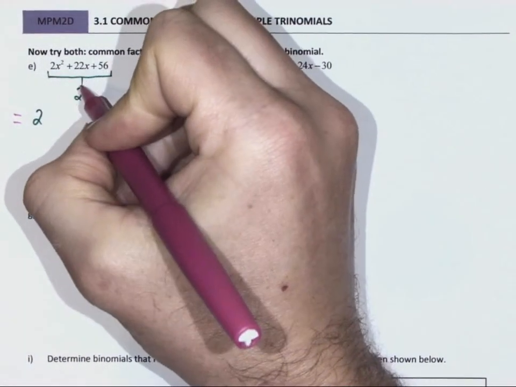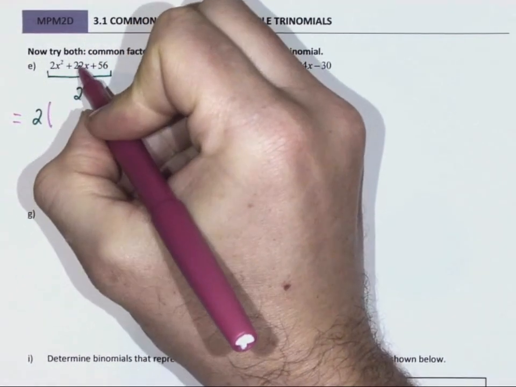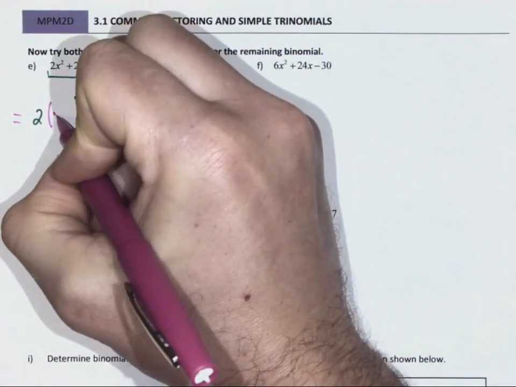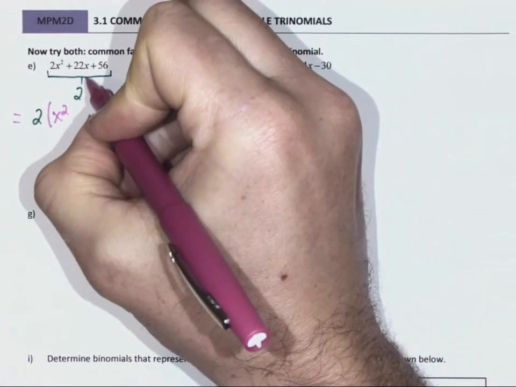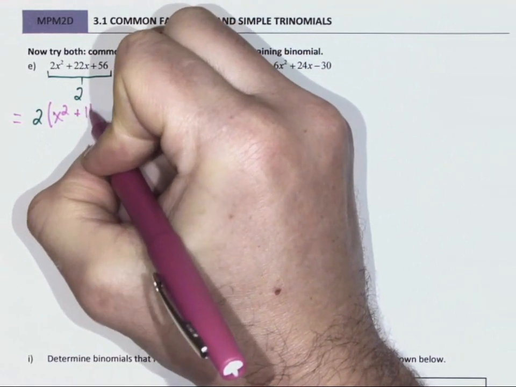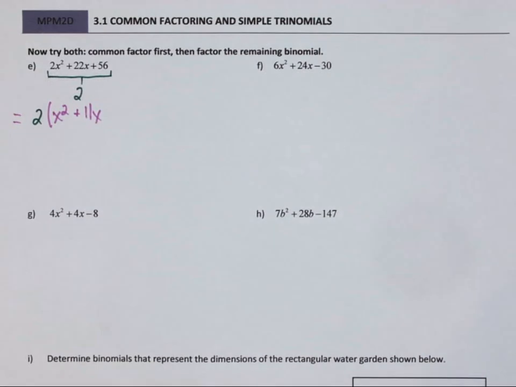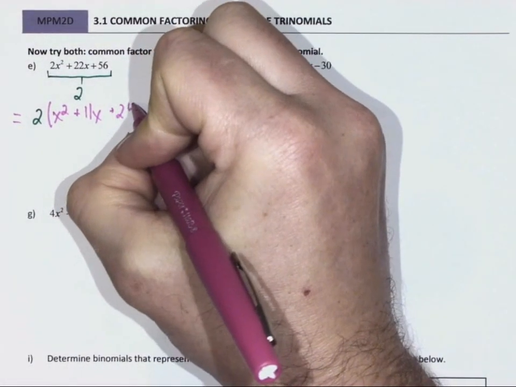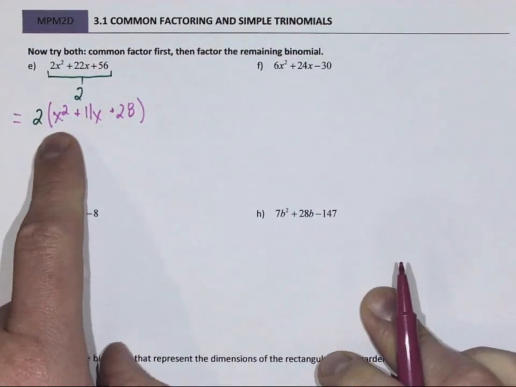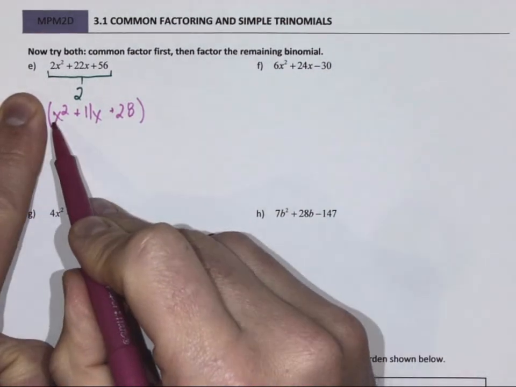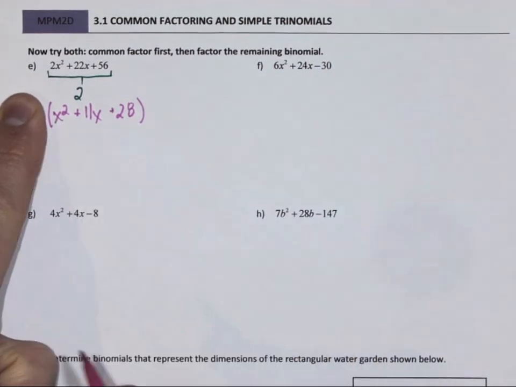So now, because I've taken it out, I'm going to have 1, 2, 3 terms in brackets. 2x squared divided by 2 is x squared. 22x divided by 2 is 11x. And 56 divided by 2 is 28. Now I treat that trinomial as a simple trinomial, because now the leading coefficient is 1.